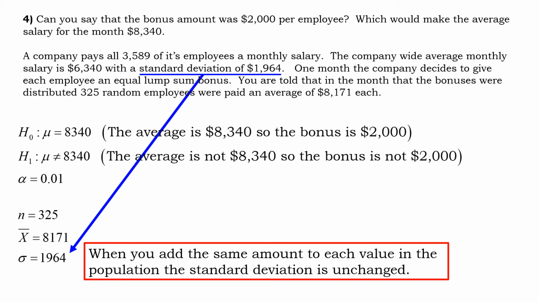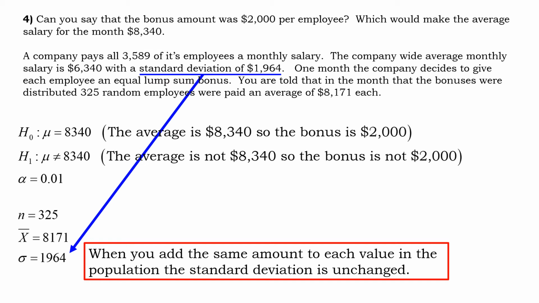The mean salary will go up by that much, but the standard deviation after the bonuses will be the same as it was before the bonuses. So we know in the bonus month, the standard deviation is still going to be $1,964 because that was what the standard deviation sigma was before we added the bonus money in. And adding the bonus money is changing the average, but not the standard deviation.